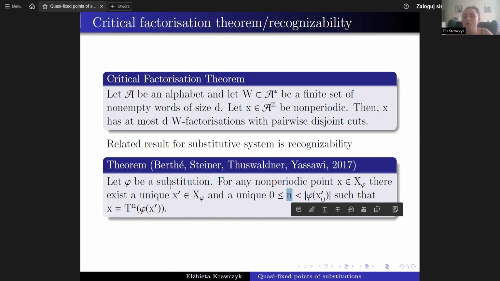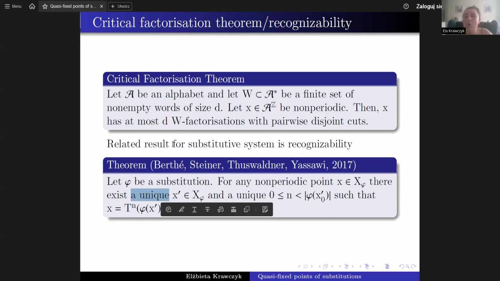Okay, so what you get here, which you do not have here, is really a uniqueness. So you don't only know that you have finitely many of these factorizations with respect to phi of A, but you know that it is really unique, as long as you are looking at these factorizations which come from your system.